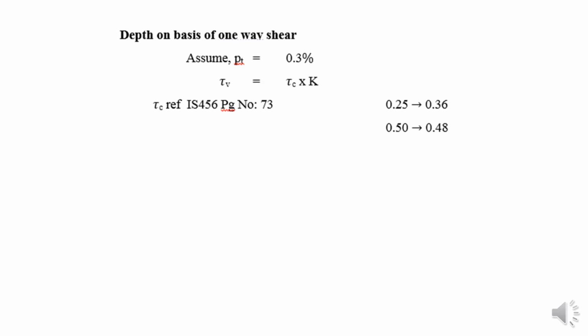Normally shear will occur in the footing. There are two types of shear that normally happen. One is one way shear, another is two way shear. So for the depth based on one way shear, we assume that the percentage of reinforcement used in this footing is 0.3%. From that we determine the tau V value. So we have to find the tau C value in Table 19 on page number 73.